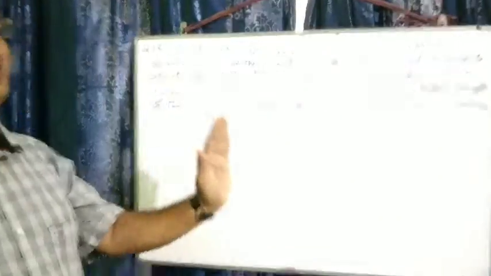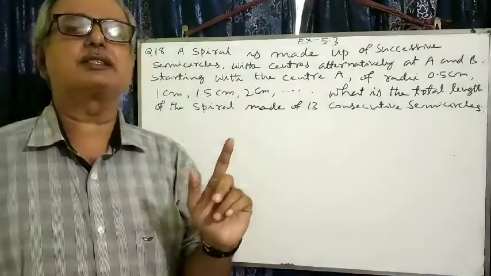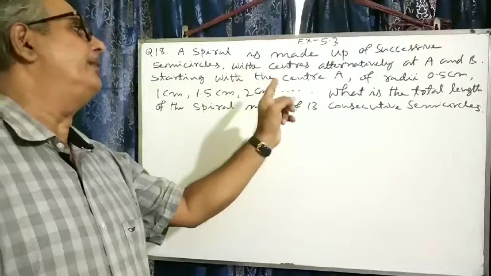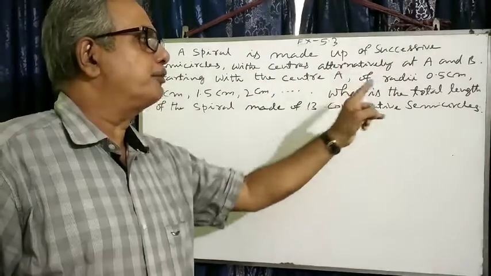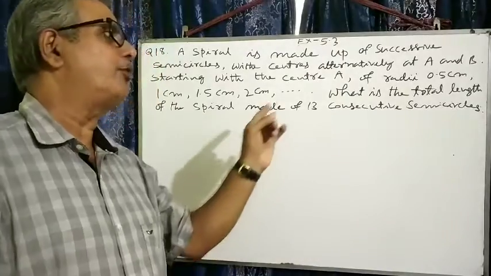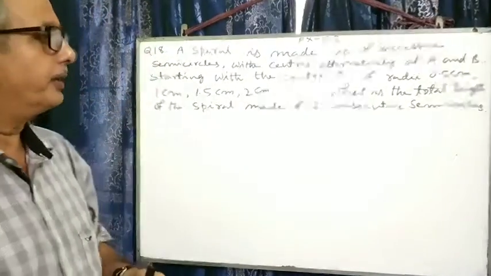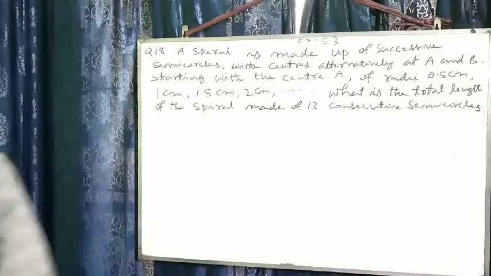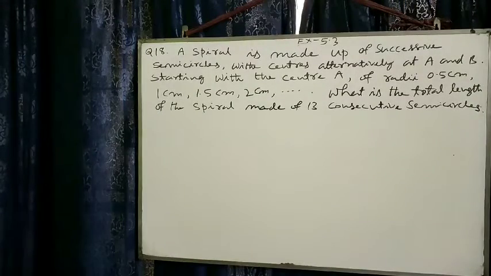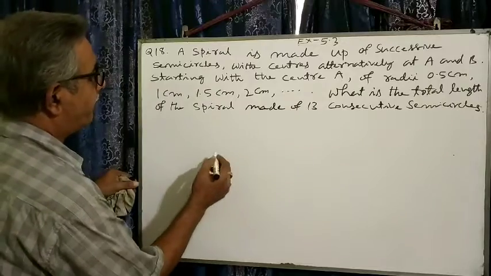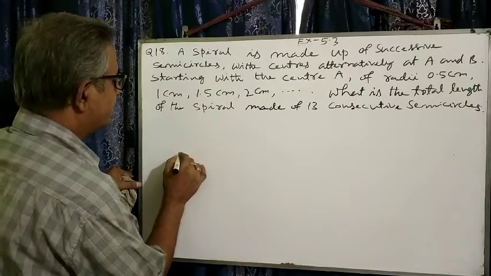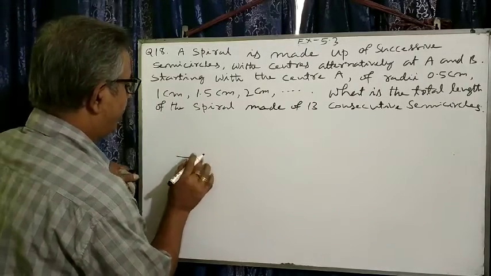First of all, we have to draw the semicircles with the alternate centers. First you take the center A, and after that you take the center B. Suppose you are taking the centers on the line.